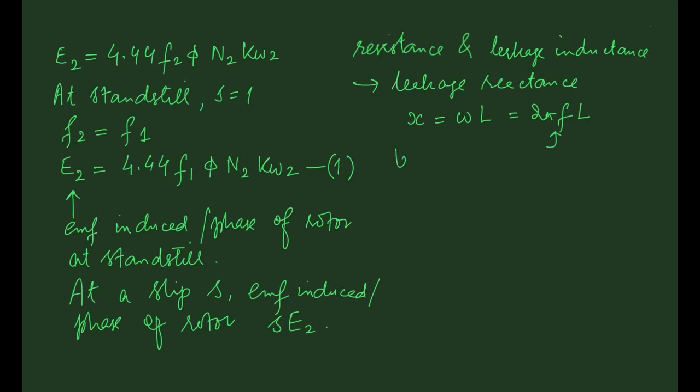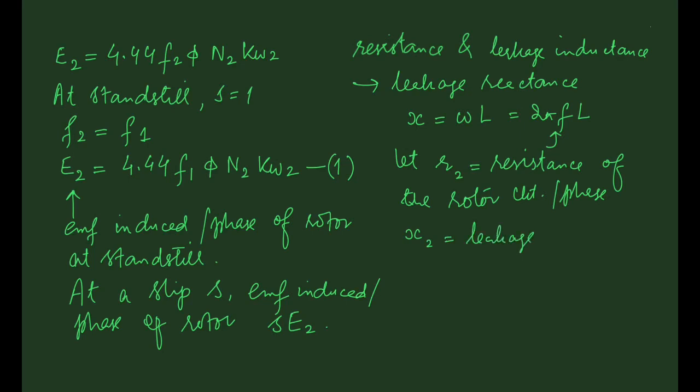Now let R2 be the resistance of the rotor circuit per phase, and let X2 be the leakage reactance of the rotor circuit per phase.